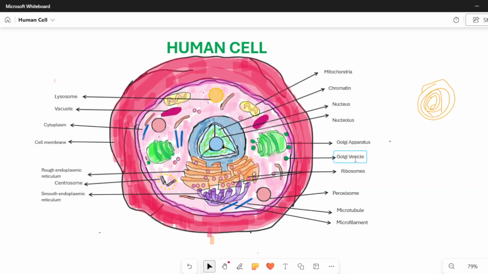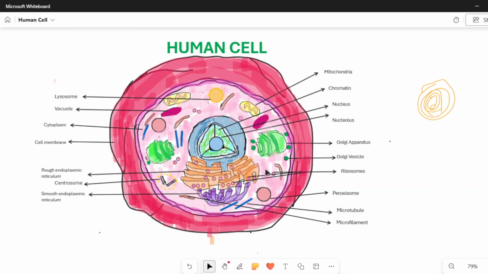They are surrounded with a membrane and released into the space inside the human cell.